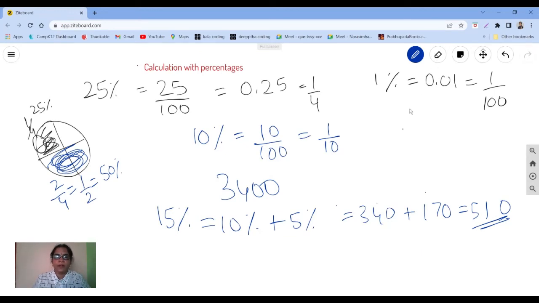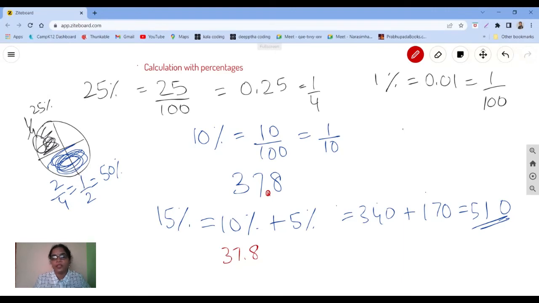Even if we don't have a number like 3,400, let's say the number was 378. What is the 10% of this? Basically, a decimal point will come before the 8. 10% will make it 37.8. 5% means this is half of 10%.